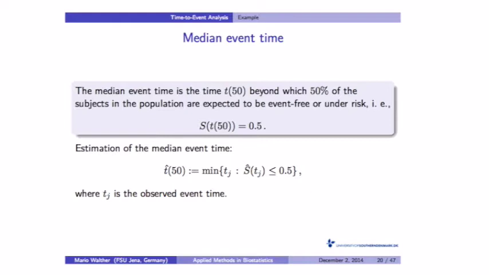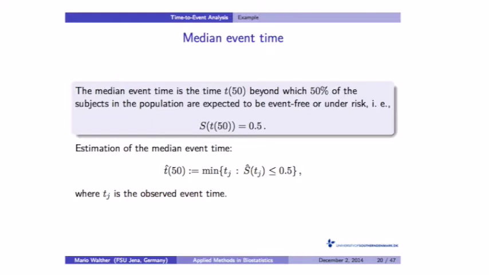You have to consider only times where an event occurs, denoted with Tj. The smallest time point at which the survival probability is less than 0.5 constitutes the median event time.